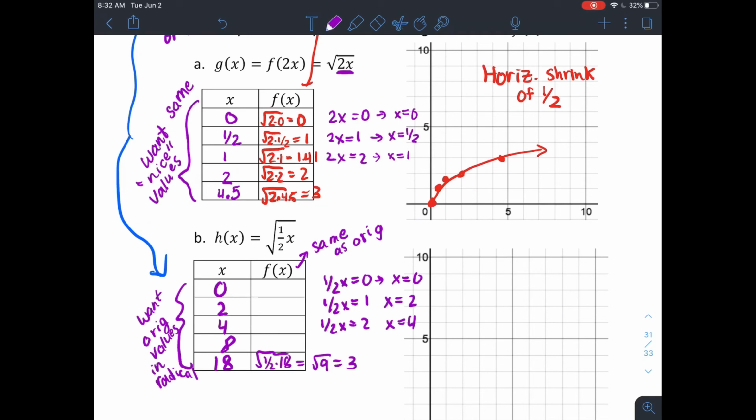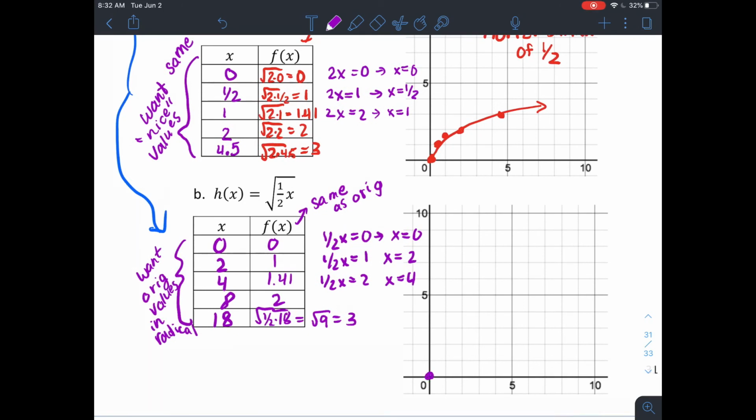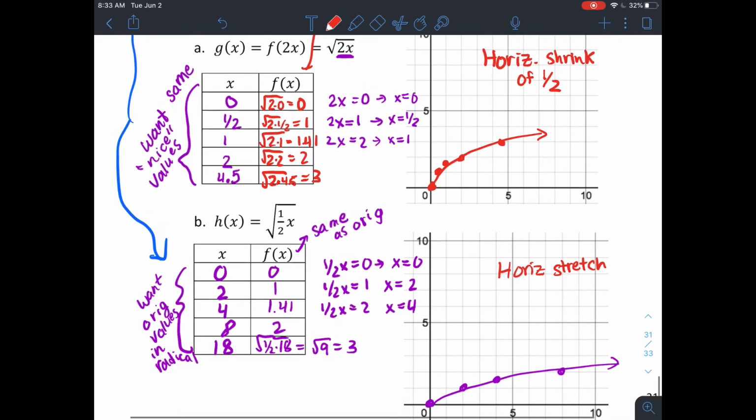But all of them are going to be the same. Which, if you plot them, it's actually going to take longer horizontally to match my original function shape because I ended up doubling all of my x values. So this is a horizontal stretch or horizontal expansion by a factor of 2.